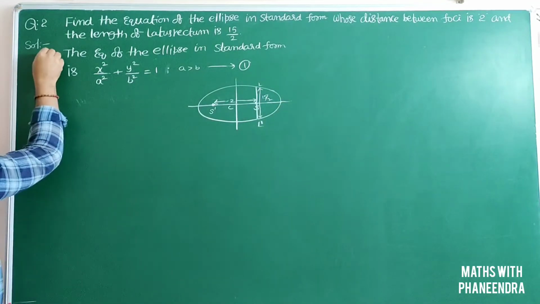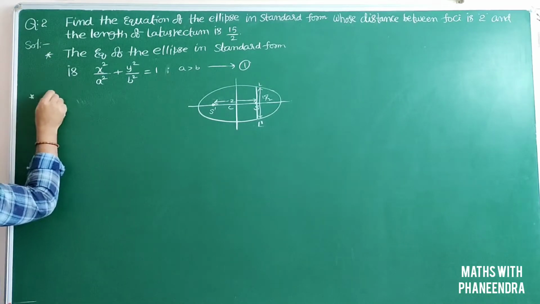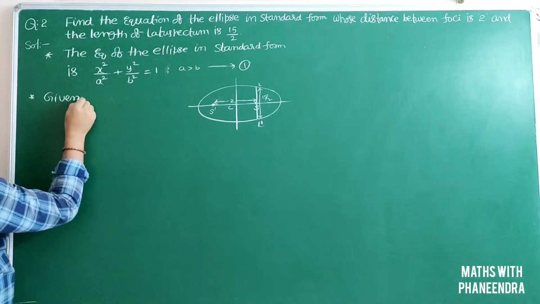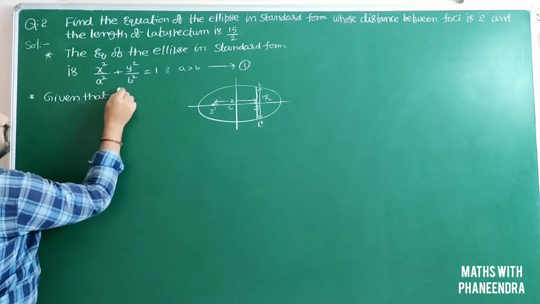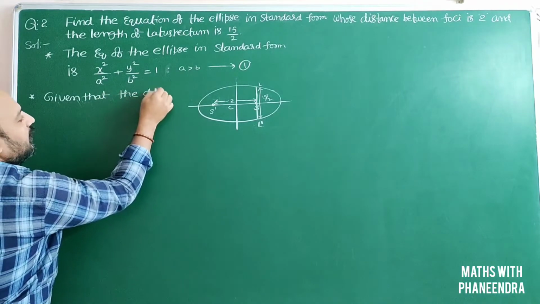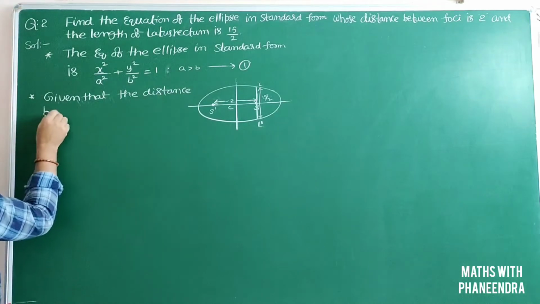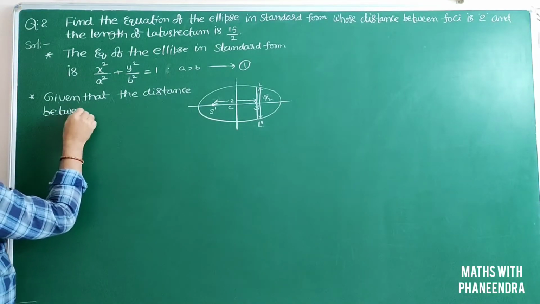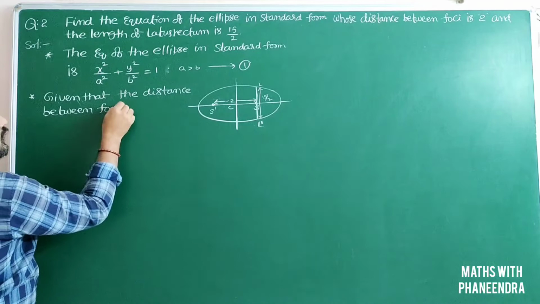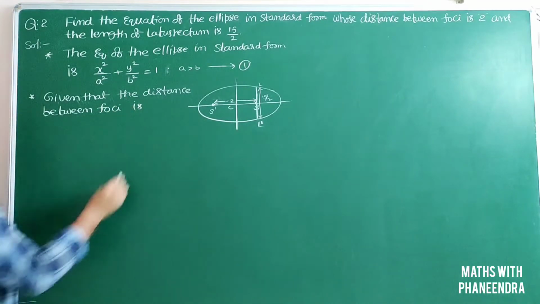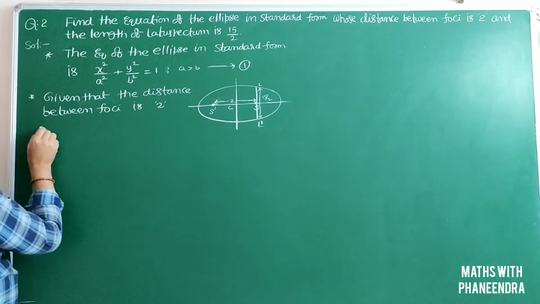So given, this is the first point, given that the distance between foci is 2.